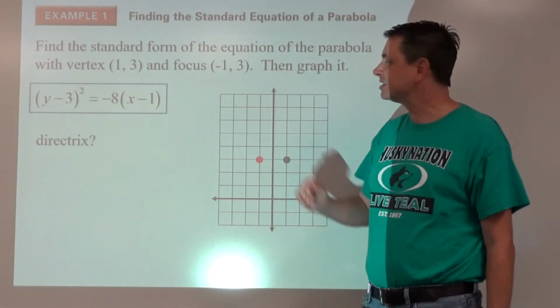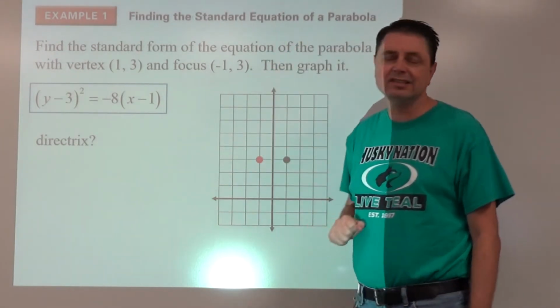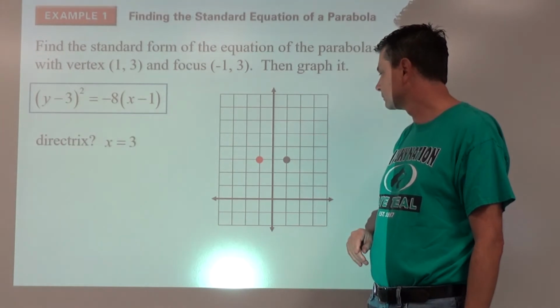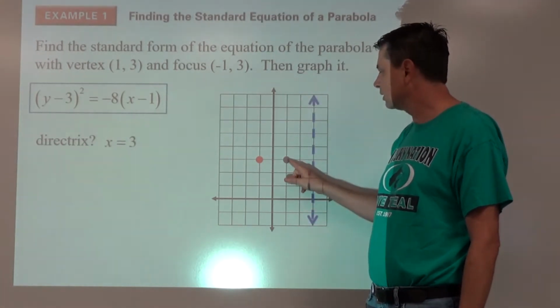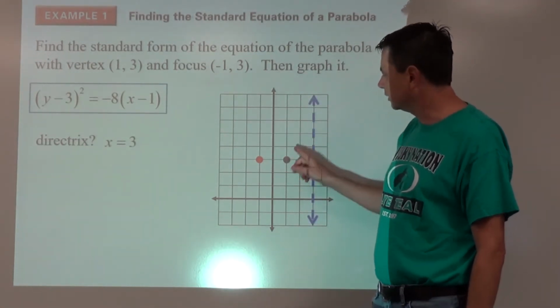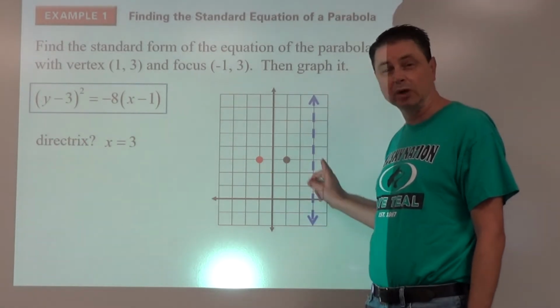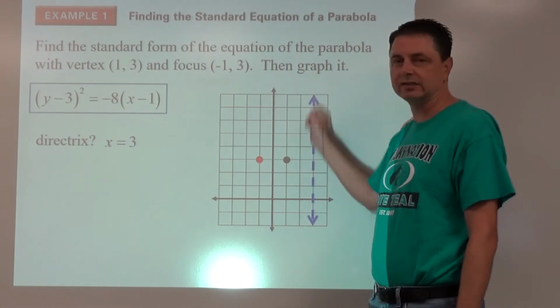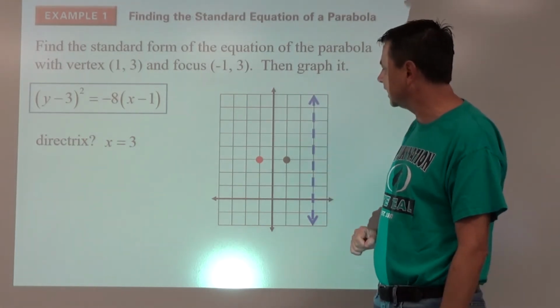In this case, since our axis is horizontal, our directrix is going to be vertical. So x equals 3, since the vertex has to be halfway in between both of those. So we've got that.